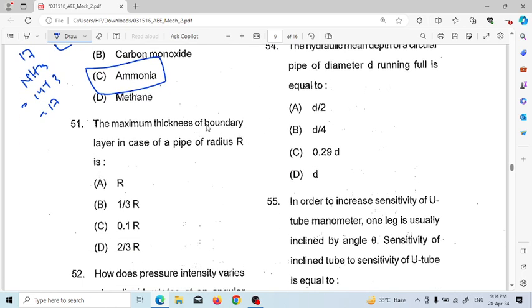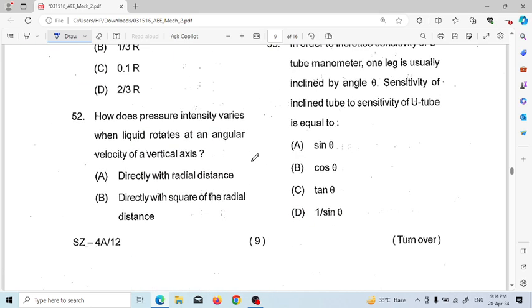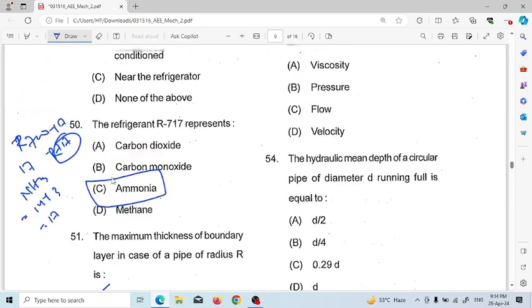Next, the maximum thickness of boundary layer in case of a pipe of radius R. The maximum thickness is option A. Next question number 52. How does pressure intensity vary when liquid rotates at an angular velocity about a vertical axis? So this varies directly with the square of the radial distance. Option B is the correct answer.